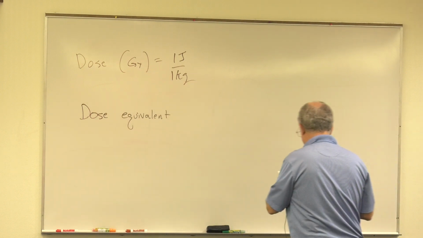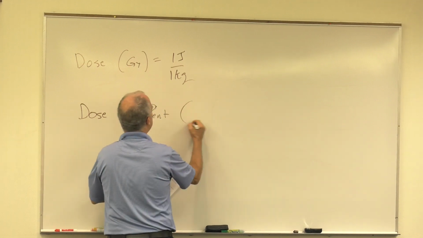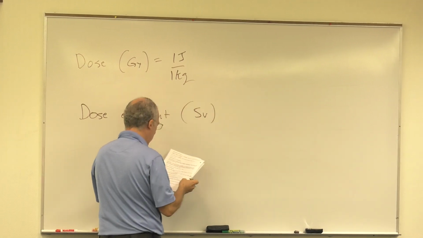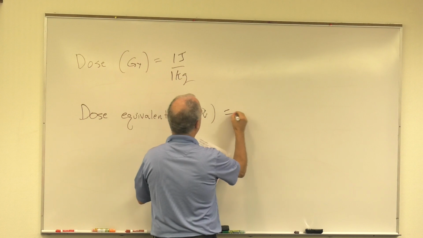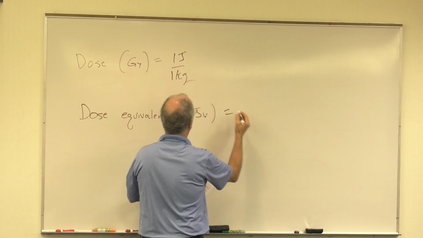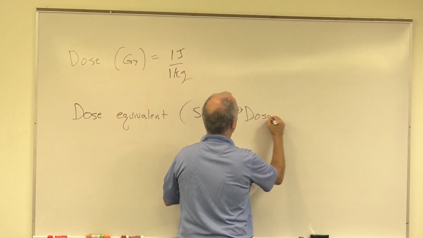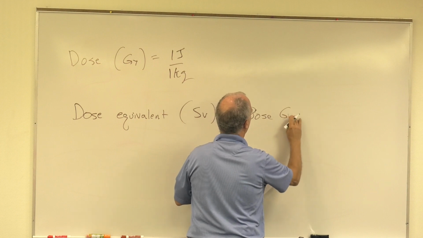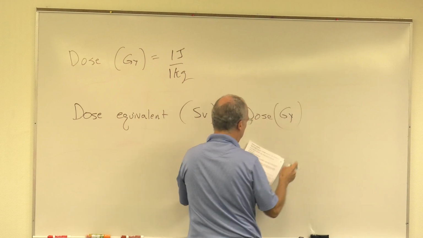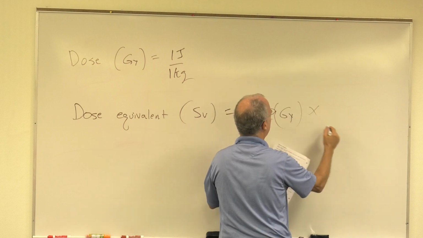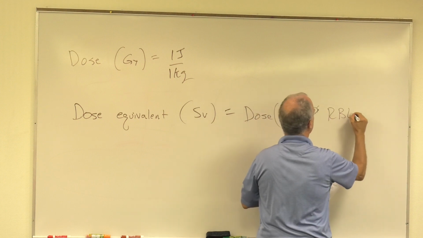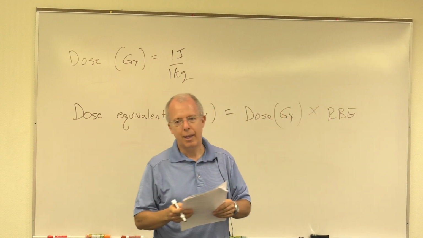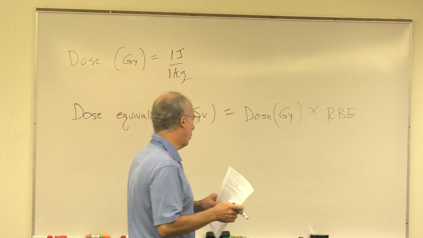The dose equivalent, in sieverts, is the dose in gray multiplied by the RBE.